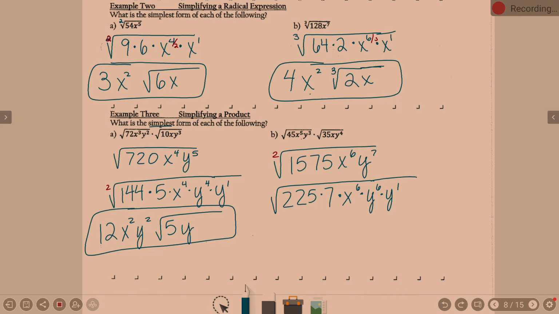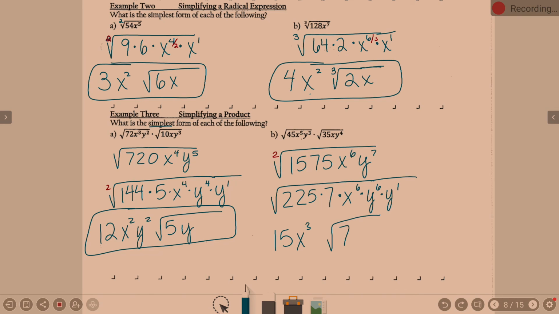Okay, square root of 225. 15. Square root of 7. It's going to stay square root of 7. Square root of x to the 6th. 6 divided by 2 is x to the 3rd.